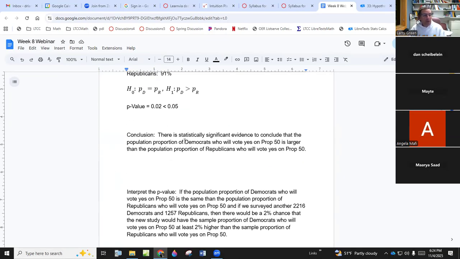So population proportion of Democrats who will vote yes on Prop 50 is larger than, because of this greater than in H1, the population proportion of Republicans who will vote, oh, that should be no, on 50. Any questions on that?